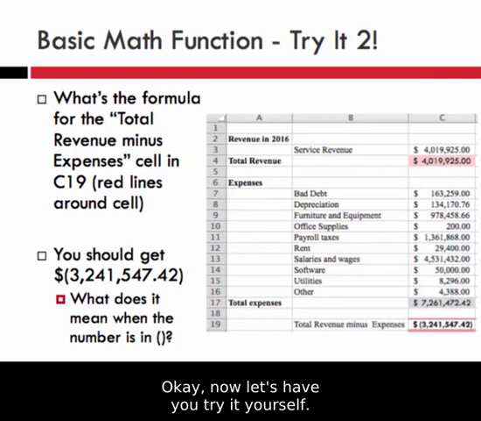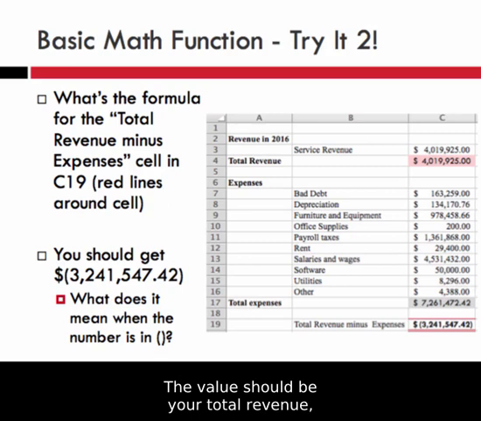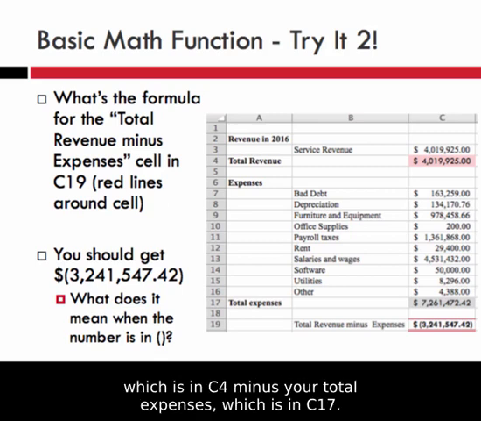Okay, now let's have you try it yourself. Cell C19, the one with the red lines around it, needs a formula. The value should be your total revenue, which is in C4, minus your total expenses, which is in C17.